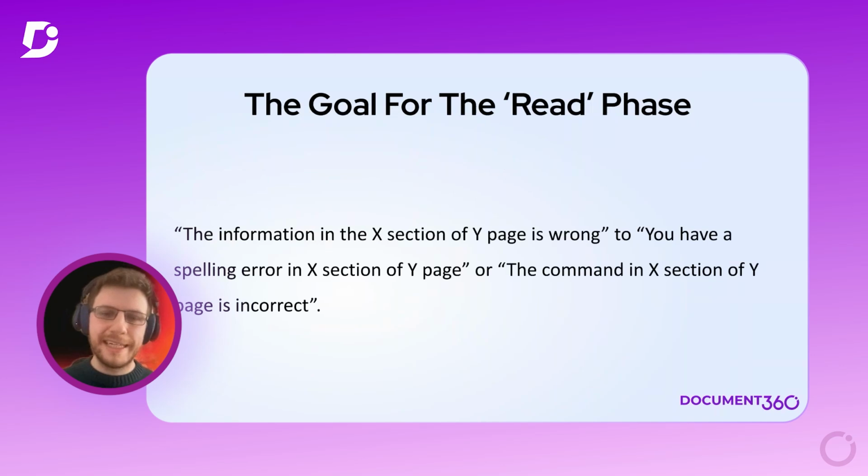And then the final goal for the read phase is to go from the information in X section. Having a TOC at the start of the page is really useful, so that users can jump straight to that section. I'm a big fan of anchors in your overview section, or just before you dive into a task, or if they want to learn about a certain concept in a whole workflow, let them jump straight to that section.